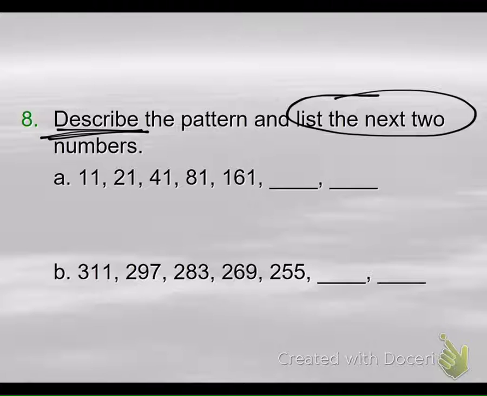Describe the pattern in words below it, like adding 25 or subtracting 14 or whatever you happen to be doing. And then we're going to fill in the next 2 numbers. How would you describe the pattern? 11, 21, 41, 81, 161, 321, and then 641. So what did you do each time?